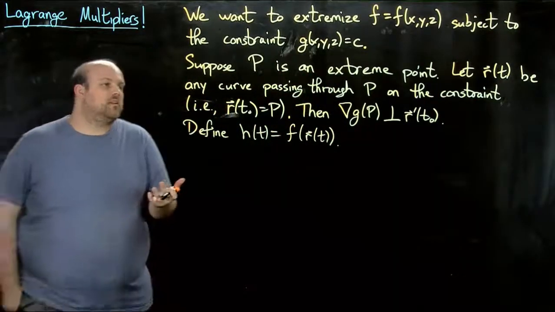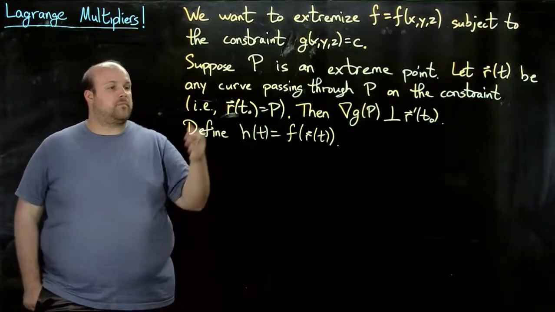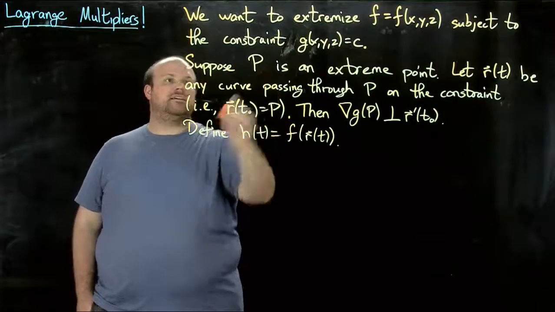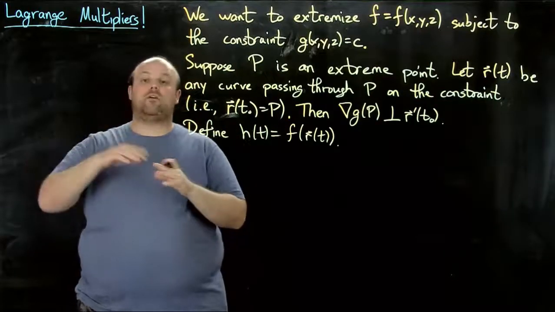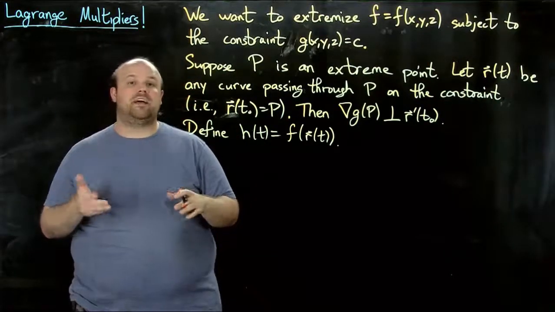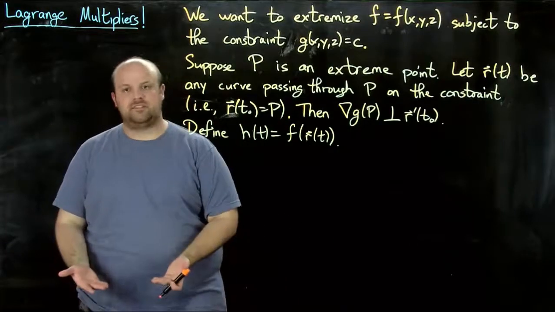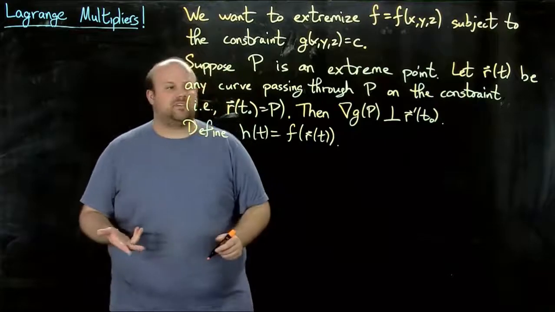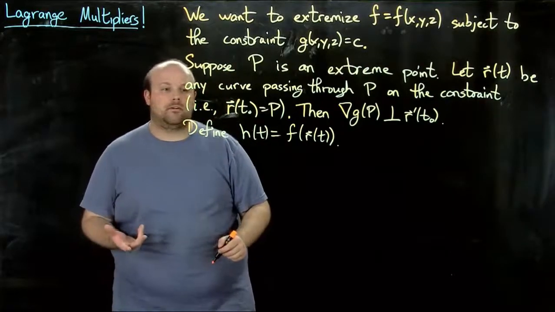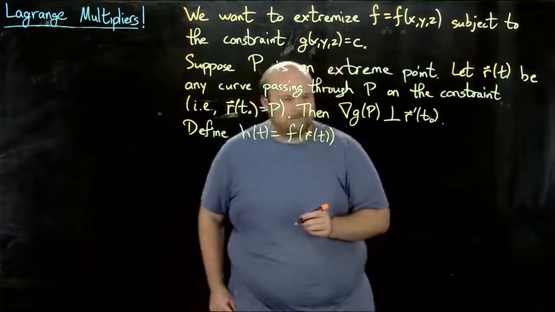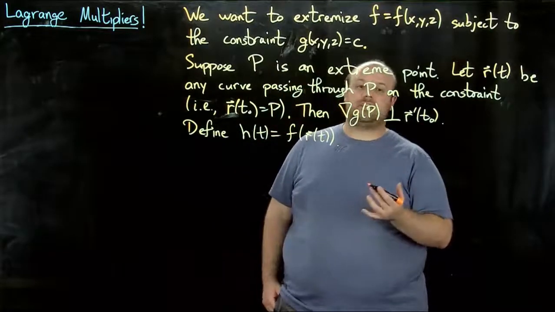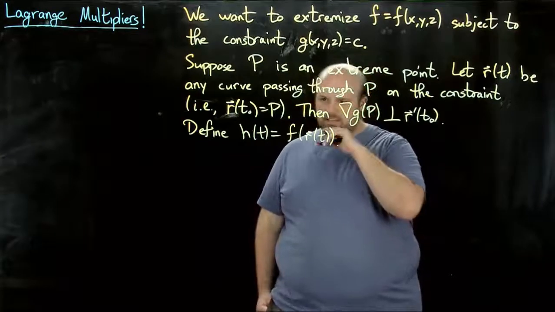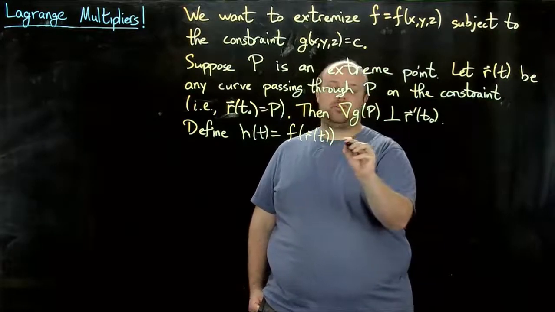Since r of t lies on the surface, and P is a maximum or a minimum of f on the entire surface, then since the curve is part of the surface, P is also a maximum or minimum along the curve. So what does that mean? That means the derivative of h has to be 0 there. First, let's compute the derivative of h.